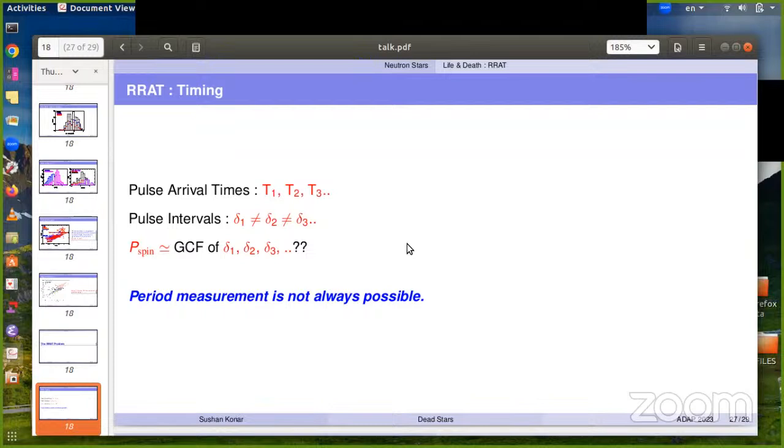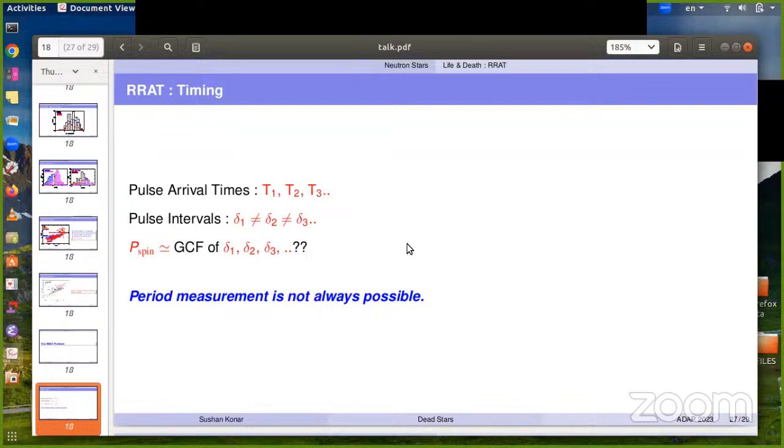Now, there is sometimes uncertainty, because please remember, 5 seconds, 10 seconds are on the larger side. So among all RRATs, as you have seen, there are many with much smaller spin periods. And if you get a train of data, to correctly figure out what the pulse interval is, all the pulses may not have similar strength.